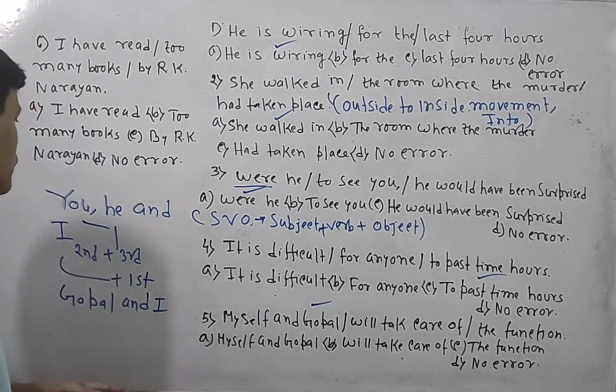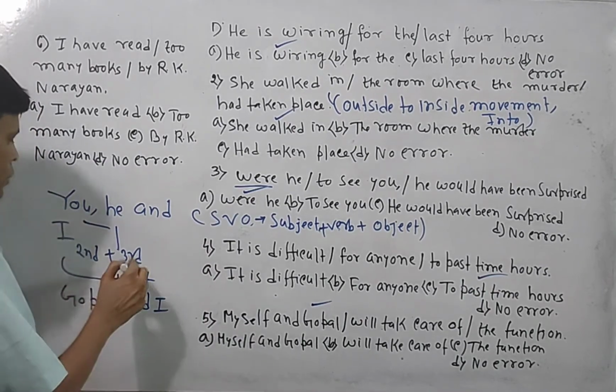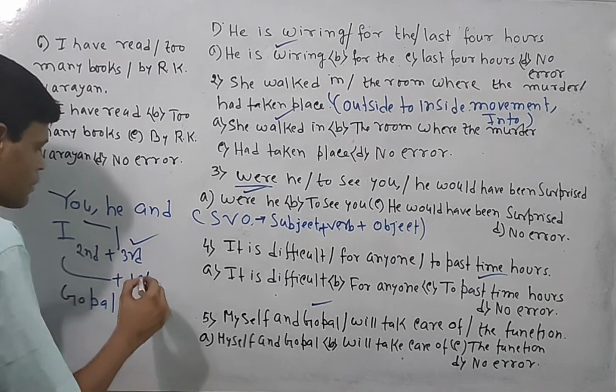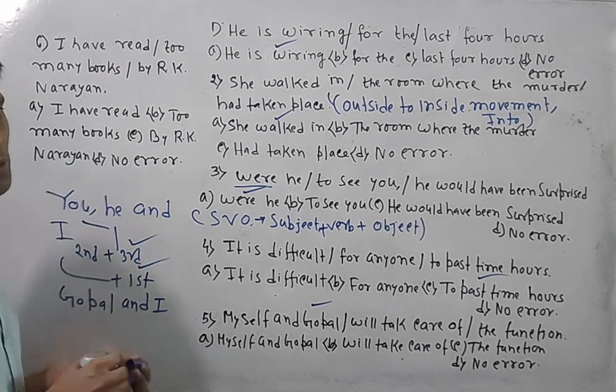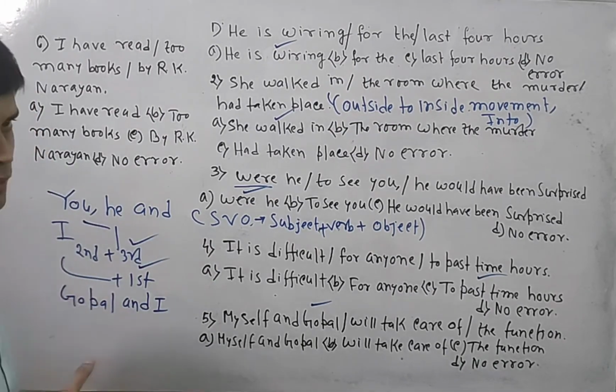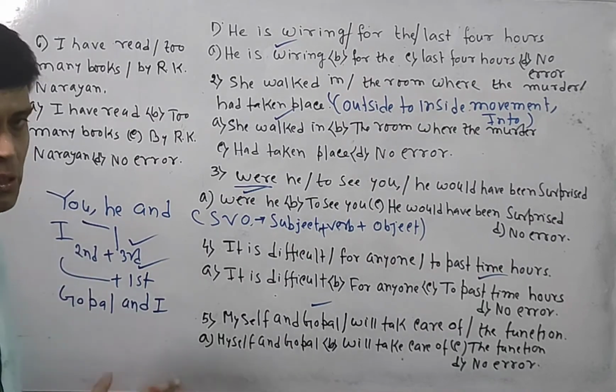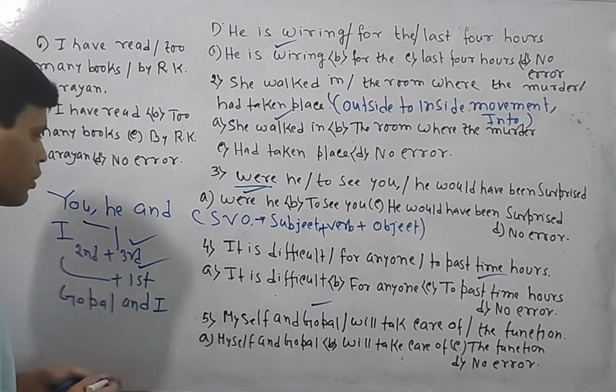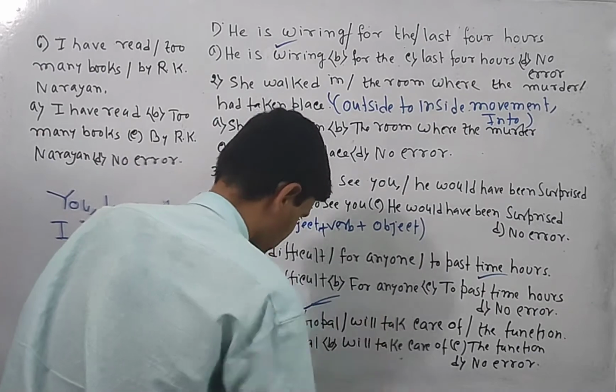And number two, this order should be maintained. So after the third person, first person must be coming into effect, not first person followed by third person. This is not the right construction at all. So the mistake lies here.